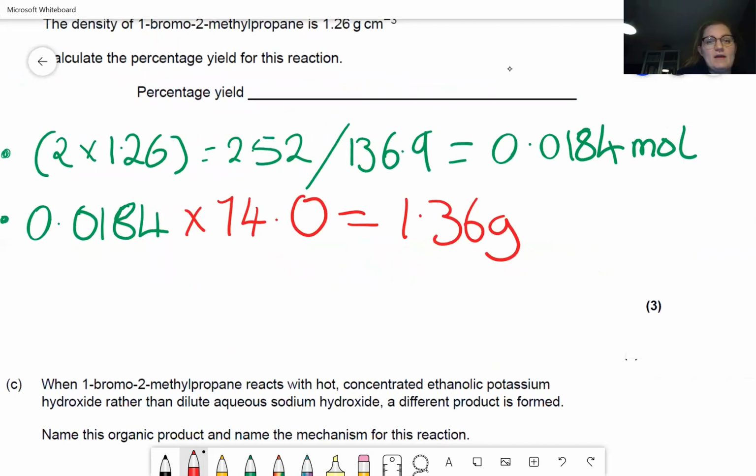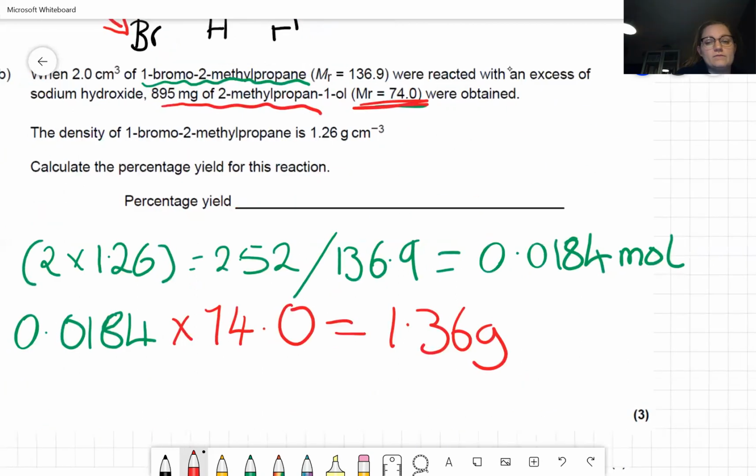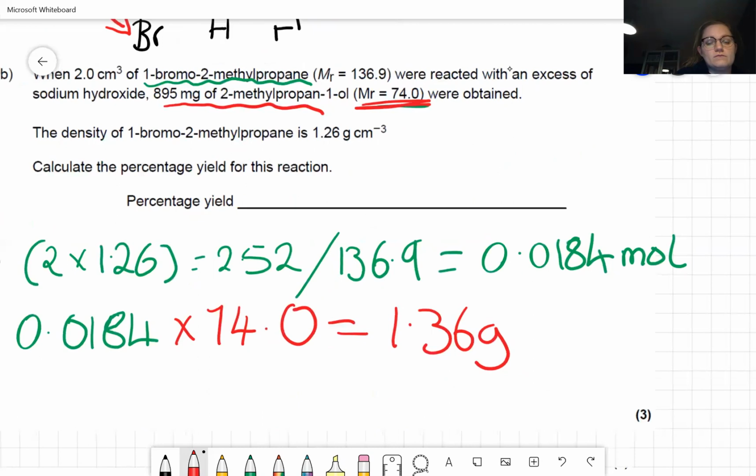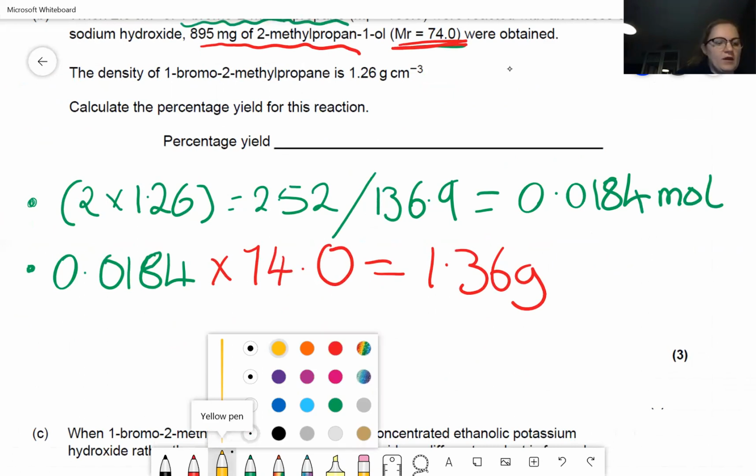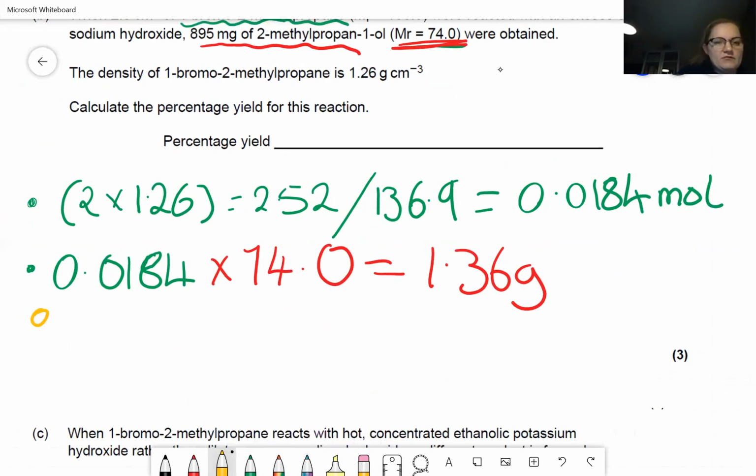So basically, all we need to do to calculate percentage yield, let's do that in a different color. Here we go. Percentage yield, let's recall that equation.